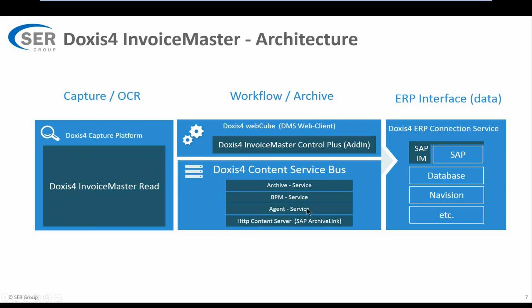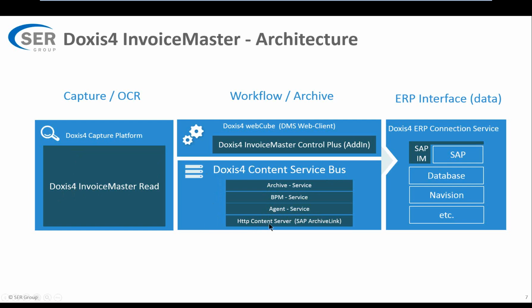The agent services are server jobs in the background, which run automatically. They are triggered by events, or they are triggered by other components like the invoice master, and the agents are doing all the automatic stuff in the background.